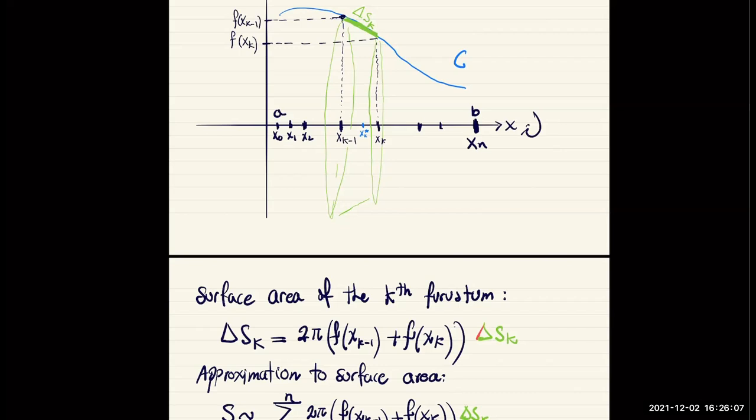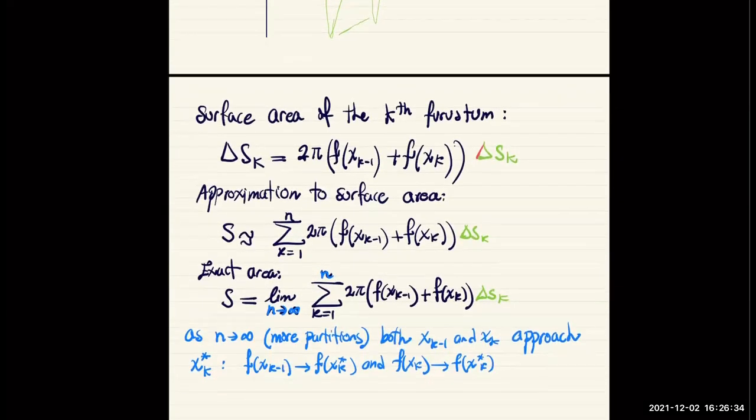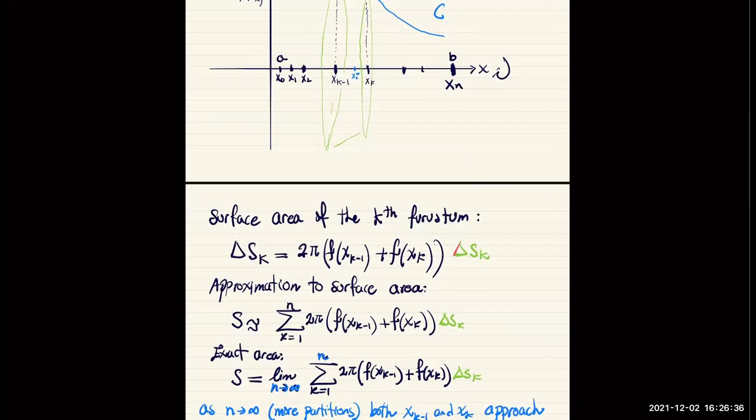As a matter of fact, you can make x_{k-1} go to x_k, or you could take x_k go to x_{k-1}, or you could have both of them go to the midpoint. When you do a Riemann sum, if you remember from Calc 1, you can take the left endpoint, the right endpoint, or the midpoint. Okay, but we'll just generalize and say they both go to that.